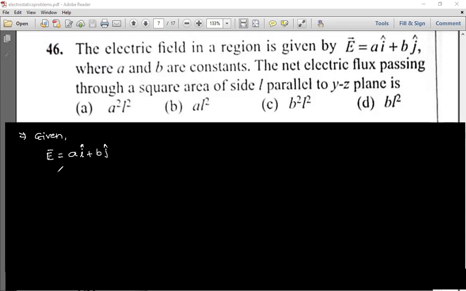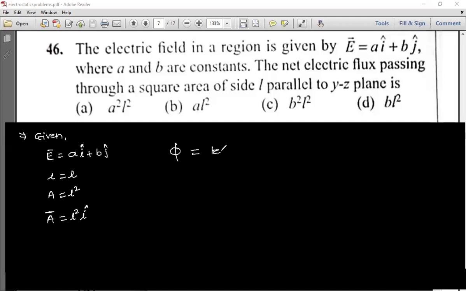The net electric flux passing through a square area of side L. Means again square is there, so length is L, and therefore area is L square, and parallel to YZ plane, right? Parallel to YZ means you are having area that is L square into I cap. This is what A bar direction. Now let's find out flux.